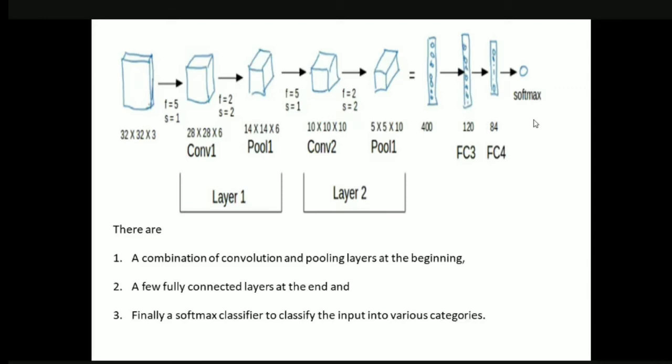We already discussed what the softmax activation function is and how it is used to classify the input values. Softmax always works based upon probabilities, right? If you are not aware of that, please refer to that lecture. So finally we use the softmax classifier to classify the input into various categories.